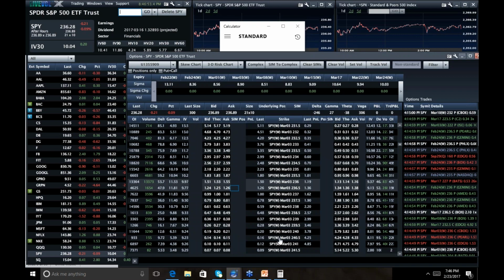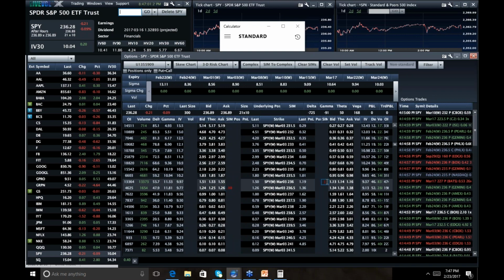Perfect. I'm going to do this a little different because it's sitting right in the middle here. It's up nicely after hours. And then I would go 236, 3.5 points down is going to be 232.5.